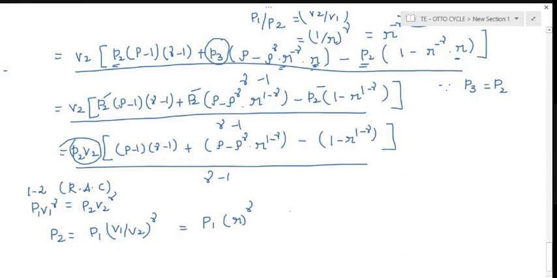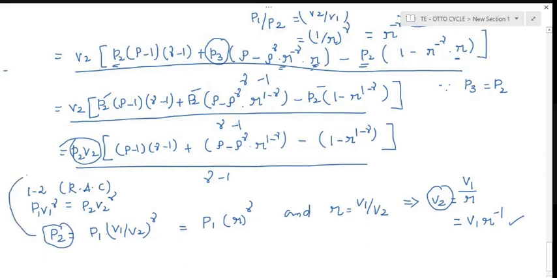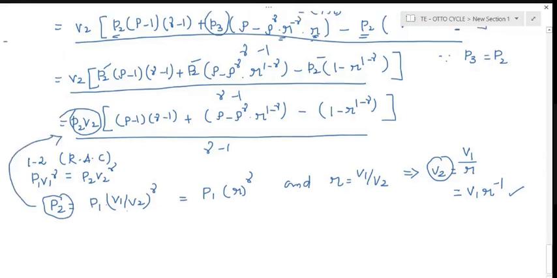And one more thing, we know the compression ratio equals V1 by V2. So from this, instead of V2, we can form another equation: V1 divided by r. So instead of V2 and instead of P2, you can replace the terms here.